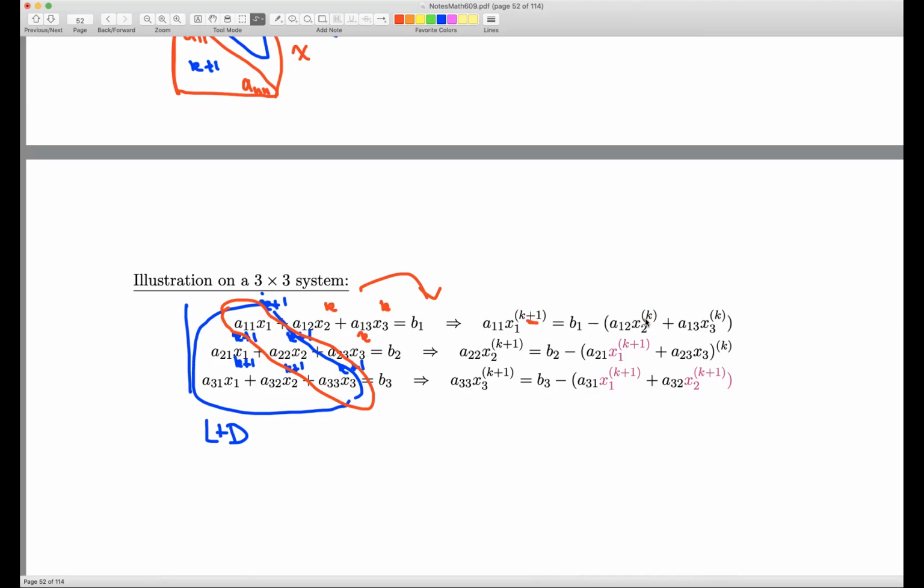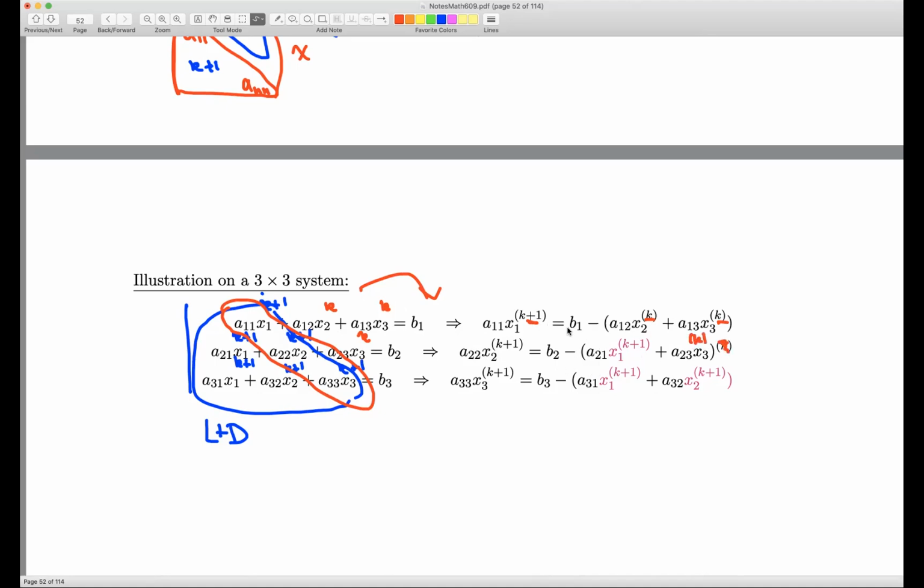Now we have a22 x2^(k+1), which we leave on this side. Then we move this one to the right, but it will be index k plus 1, so we have minus a21 x1^(k+1). And we have here minus a23 x3^k; again, this index is inside, not outside.